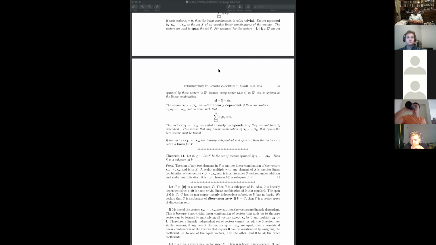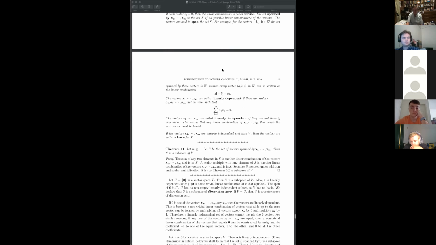If I assume that vector (a, b, c) equals (0, 0, 0), then what about a, b, and c? They have to all be 0. If (a, b, c) is (0, 0, 0), then a is 0, b is 0, and c is 0. And that means i, j, and k are linearly independent. It's not always that easy, but that's what you do.